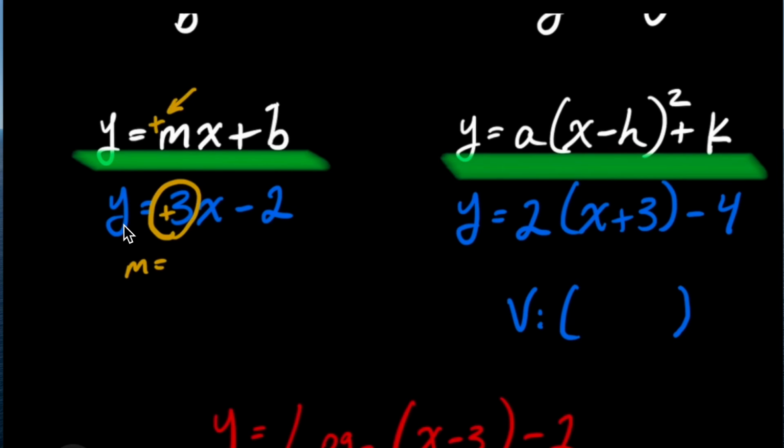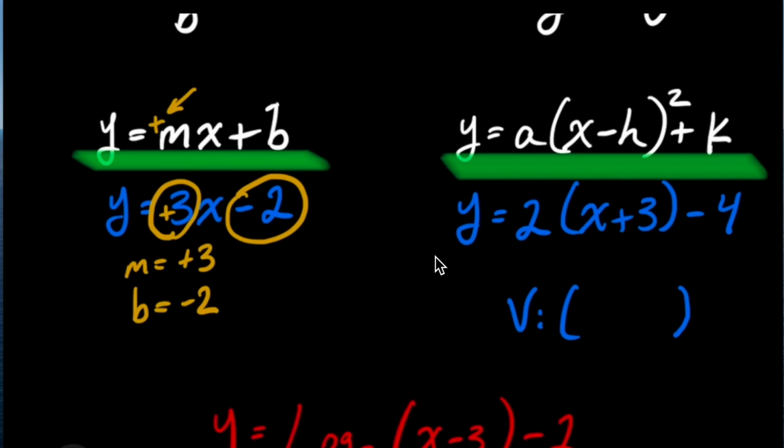That's because the generic equation has a positive in front of the m. So the m value would be positive 3. If I asked you what the y-intercept is, you would tell me that it's negative 2. That is because this positive sign in the generic equation means you take exactly what you see.